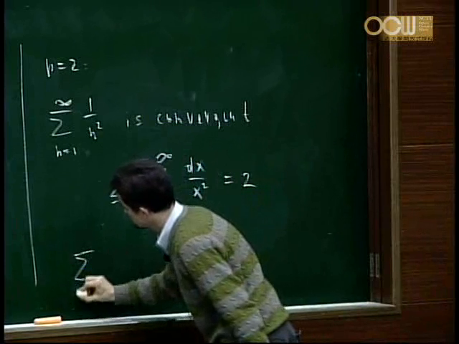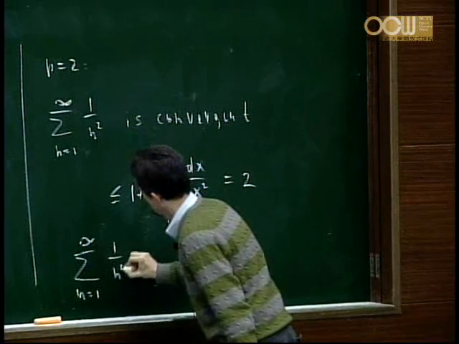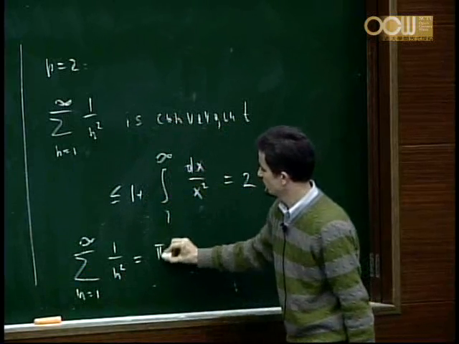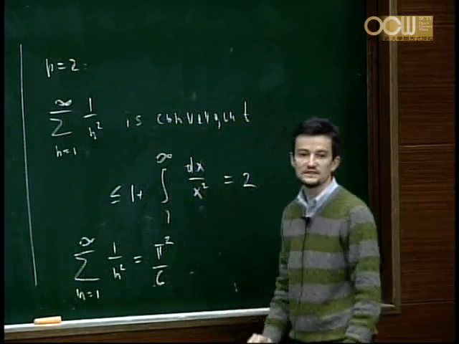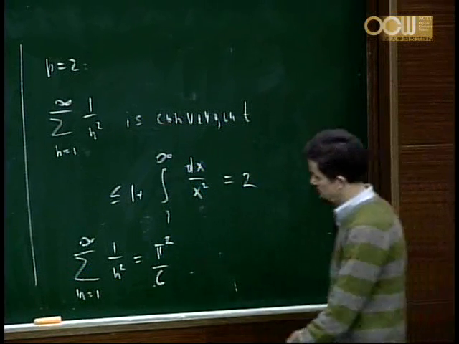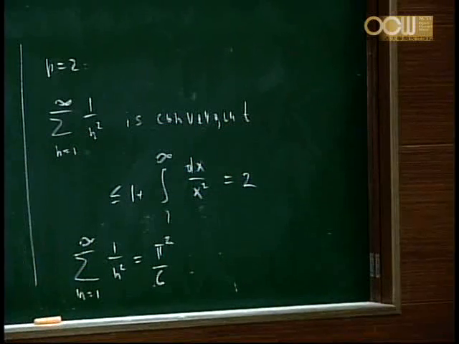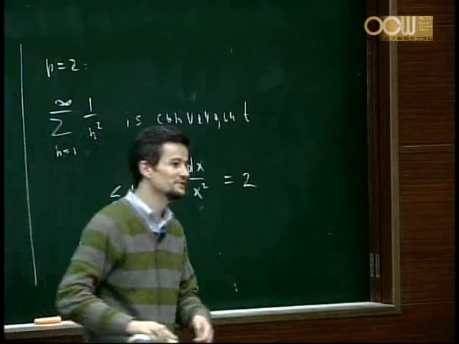So Euler proved that the value is, and from the answer you already see that it's not so easy, pi squared over 6. I will prove this result maybe at the end of this lecture, so maybe in June.